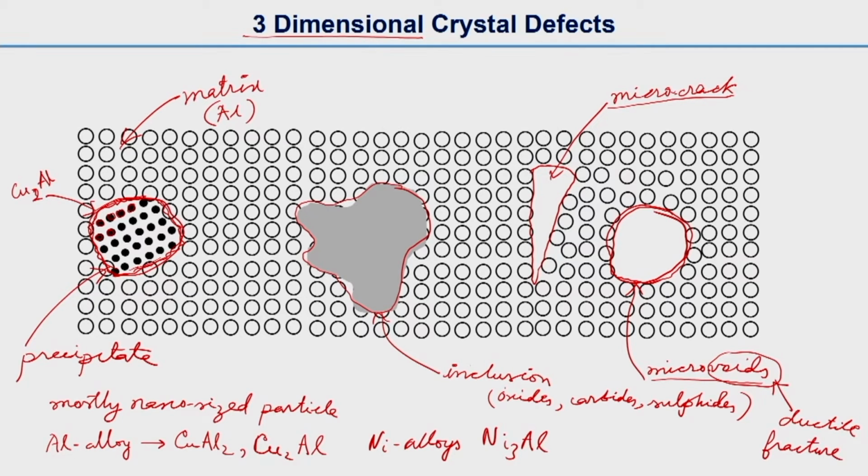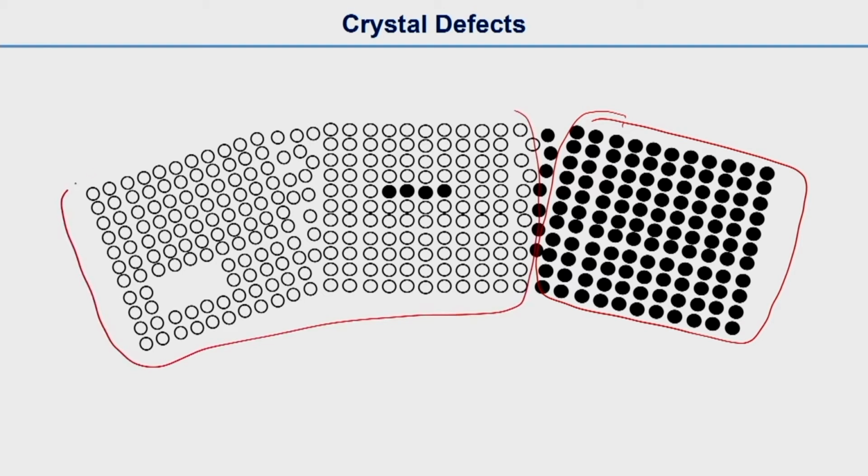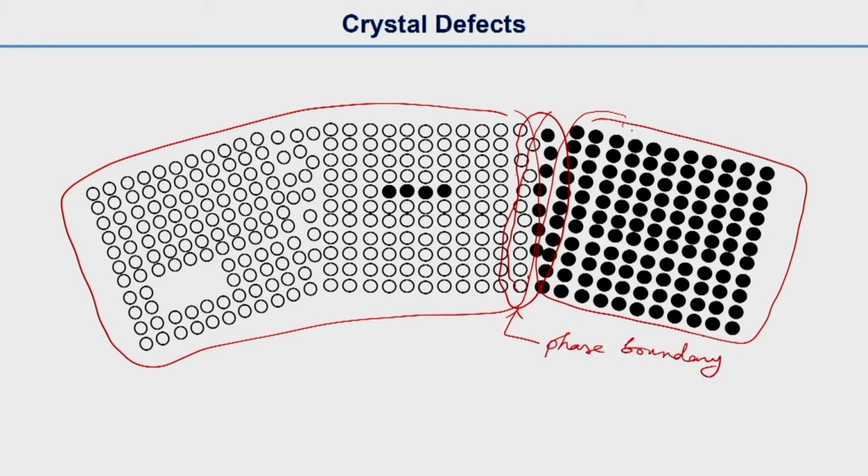So these are some 3-dimensional crystal defects, and then this is again some defects. Let us say this is a different material and this is another material. This portion where the atoms are not arranged in a periodic order, some irregularity you can see. This is called a phase boundary, because let us say this one is phase 1 and this one is phase 2, they are different materials.